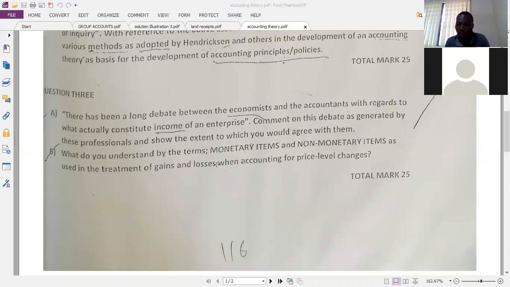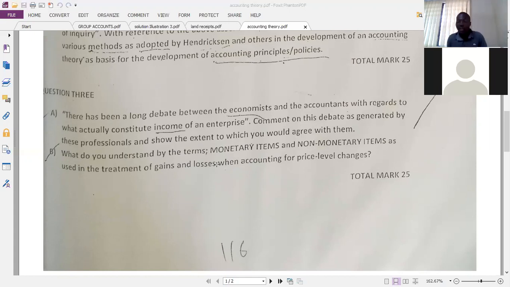For example, if stocks on hand, your closing stock at the end of a year, which becomes your opening stock, remain unsold at the end of the year, there will be no purchasing power loss, since one assumes the sales price when they are sold would be adjusted upwards to take account of the fall in the value of money.